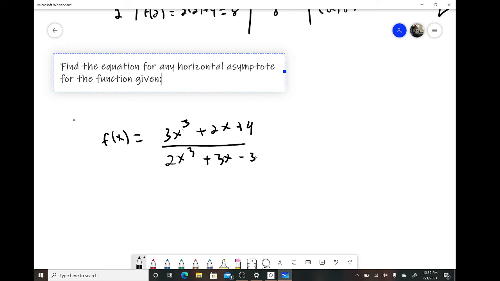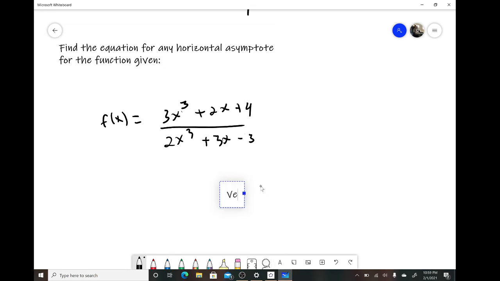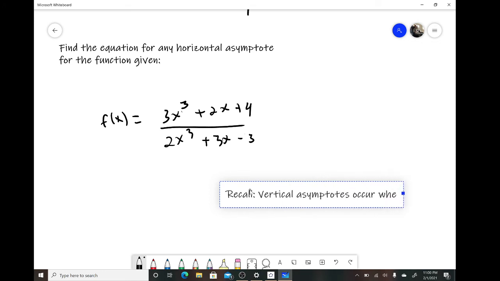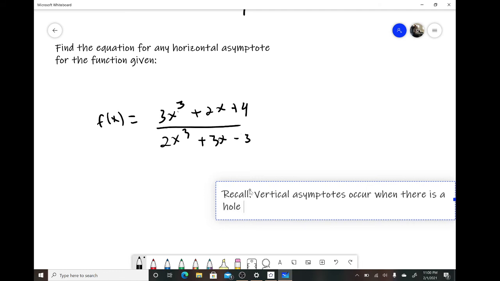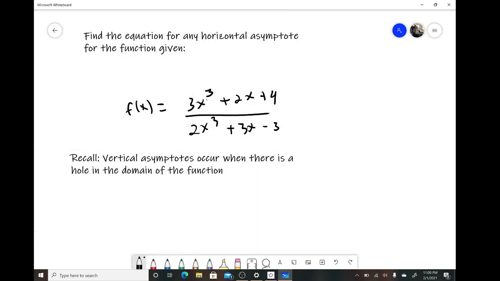Now from precalculus you should remember 3 things. And that has to do with how to find horizontal and vertical asymptotes. So, vertical asymptotes, to start, recall, vertical asymptotes occur when there is a hole in the domain of the function. So whenever there is a hole in the domain, you will have a vertical asymptote at that hole.